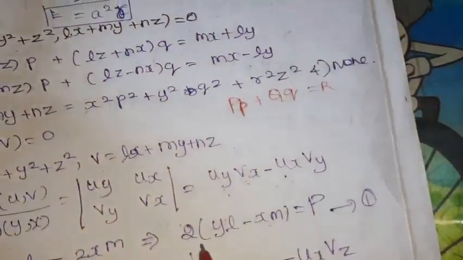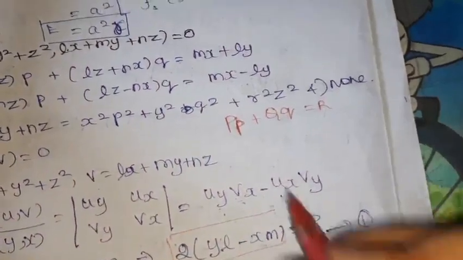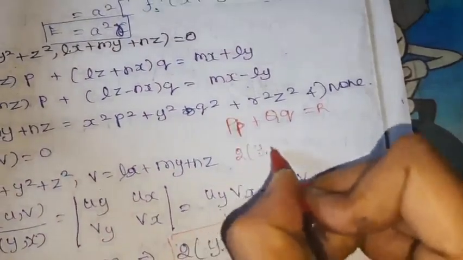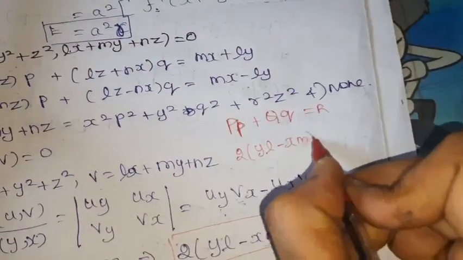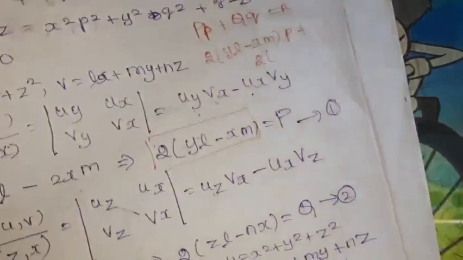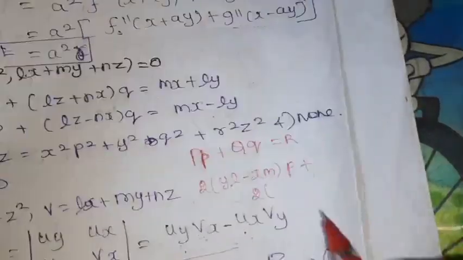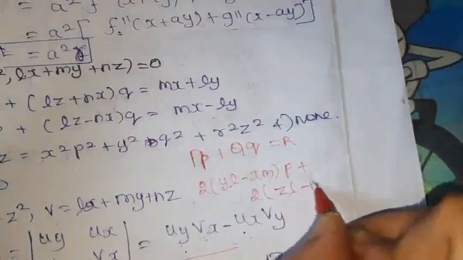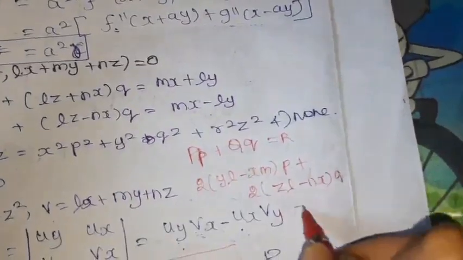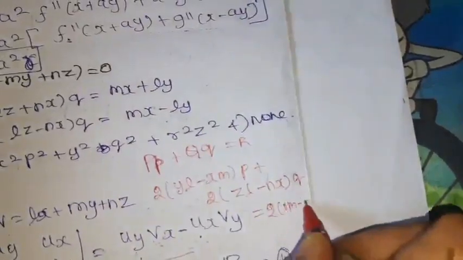P is nothing but 2 into (yl minus xm) into p plus 2 into Q term, (zl minus nx) into q equal to R. R is nothing but 2 into (xm minus yl), right?